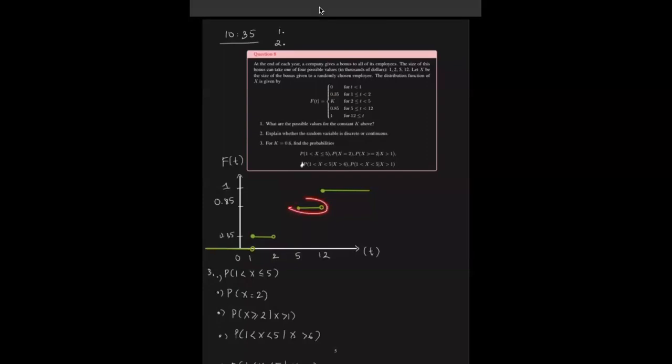Because if it exceeds this value, then the function will also become decreasing. Which means k has to be between these two numbers. So I have 0.35 is smaller than or equal to k and smaller than or equal to 0.85. Yeah, since F is a CDF, k can be anything from 0.35 to 0.85.